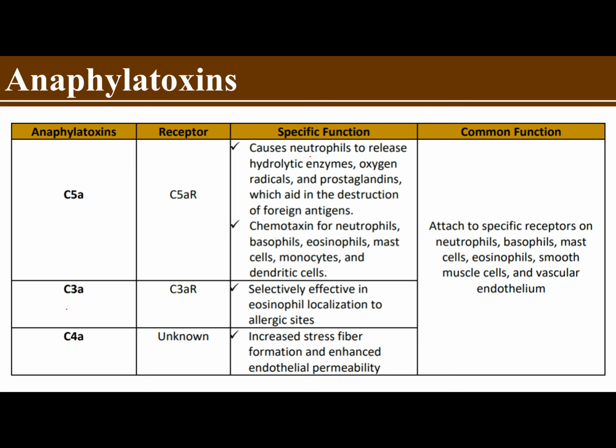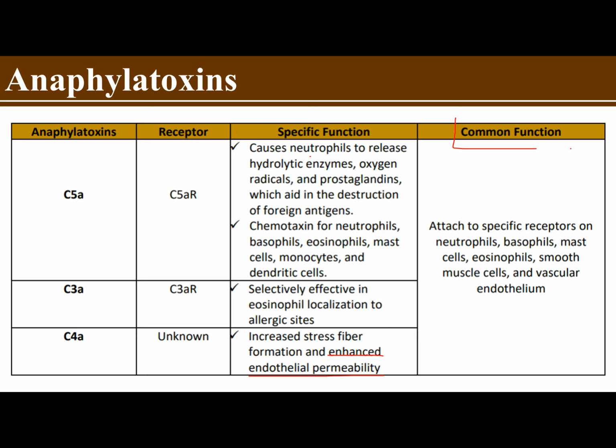Then we have the anaphylatoxin C3a. The receptor is C3aR, selectively effective in eosinophil localization to the allergic site. Then we have your C4a, whose receptor is unknown. It causes increased stress fiber formation and enhanced endothelial permeability.